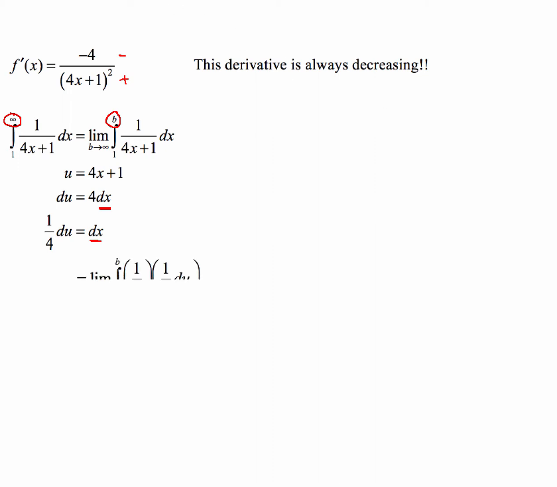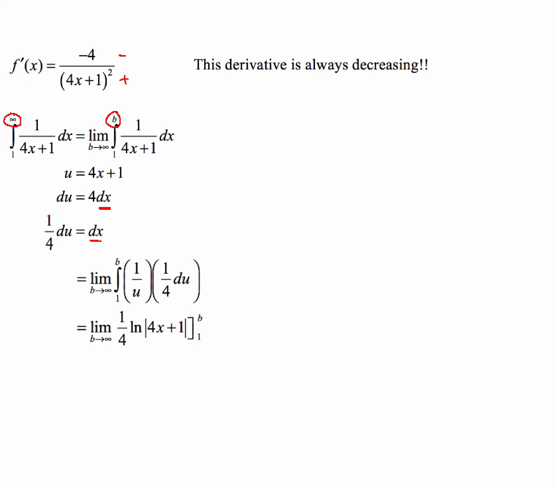So we end up with this expression now using our u substitution. We've got the limit as b approaches infinity of the integral from 1 to b of 1 over u times 1/4 du. That's what our integral translates to when we use that u substitution. Now the 1/4, we can just move in front, and the integral of 1 over u du, of course, is just natural log.